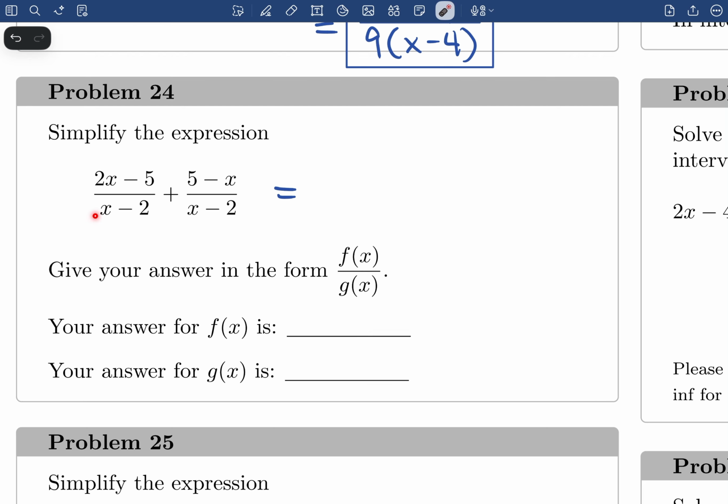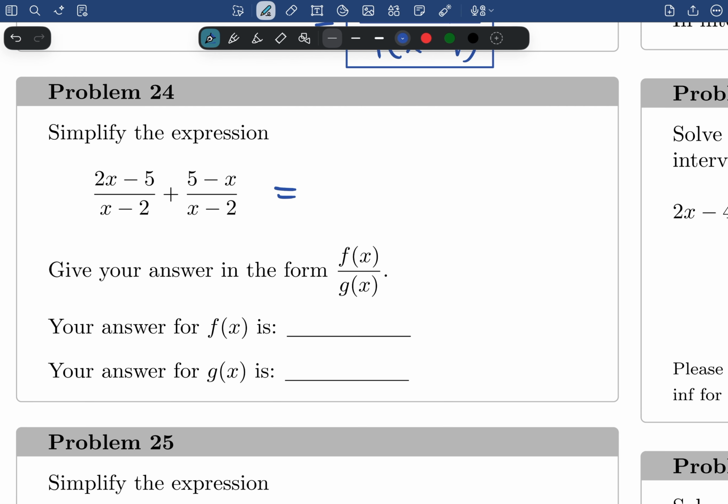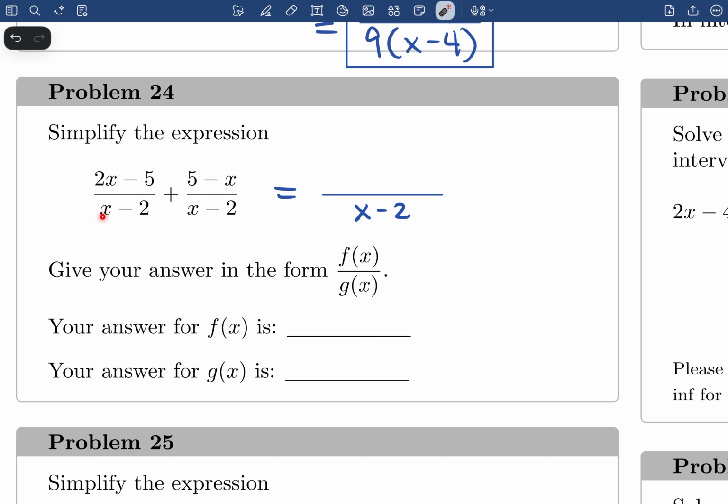So always look at the denominators of these rational expressions. If they're the same, your life is very easy because you're just going to have the same denominator matching the other ones, right? X minus 2 is the common denominator. And in the numerator, we're going to perform all of the operations that we see, combining any like terms.